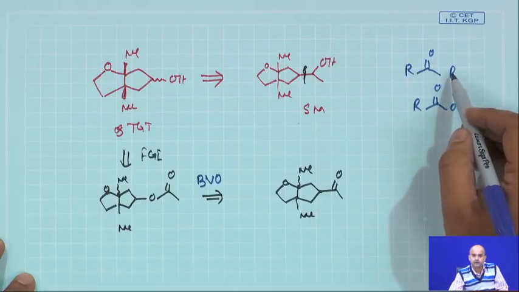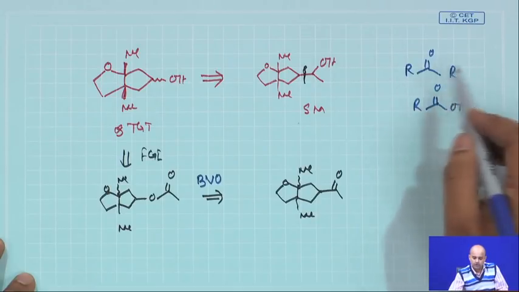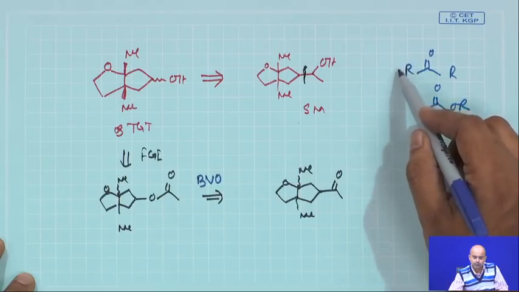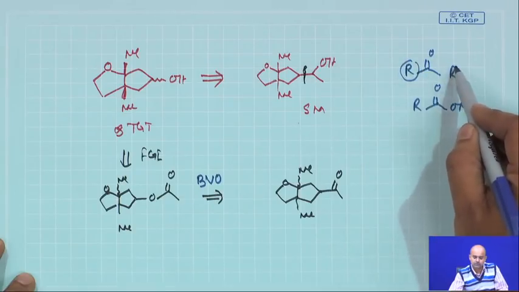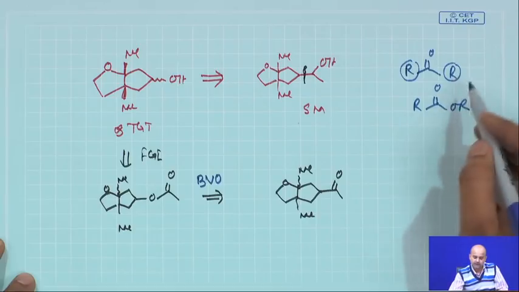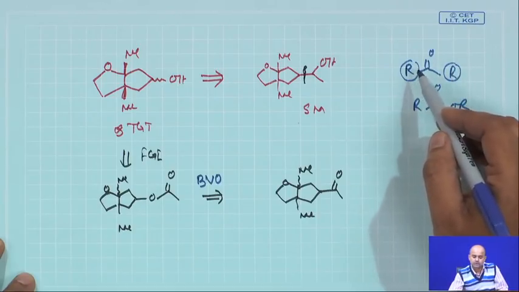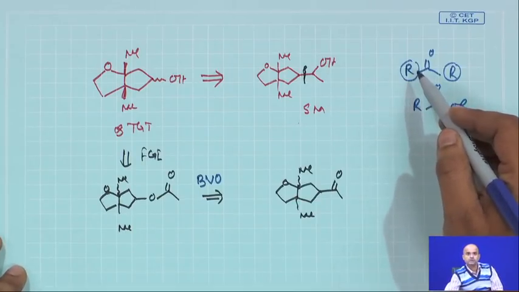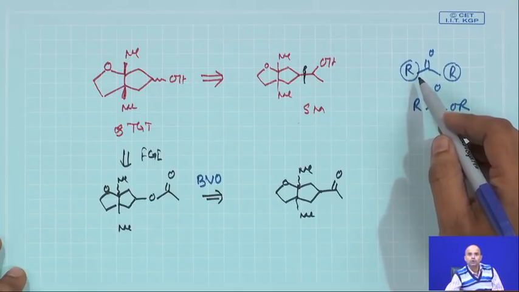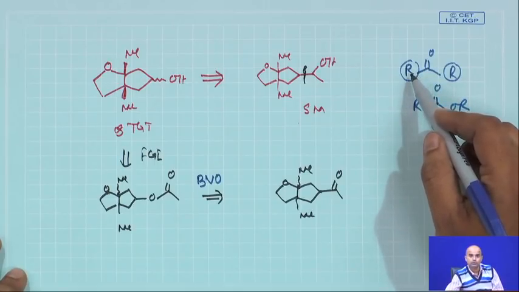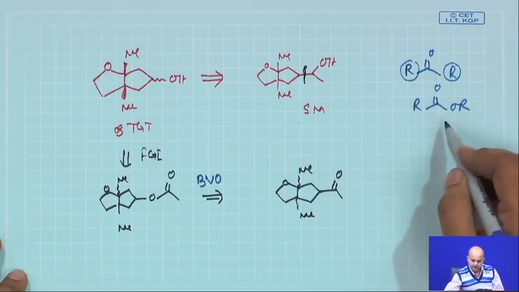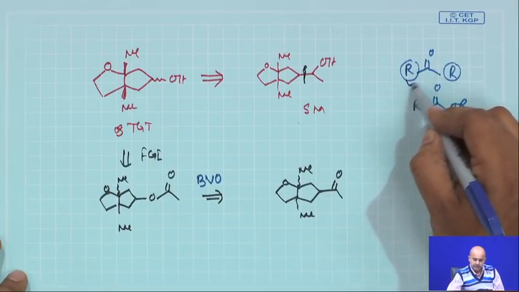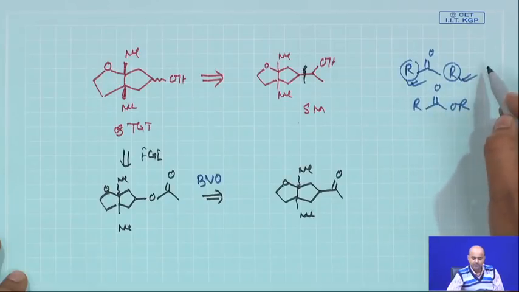Now, if you have an unsymmetrical ketone, depending on which alkyl group has the most tendency to migrate, the migrating tendency depends on its structure. A tertiary or more substituted alkyl group will migrate towards the electron deficient oxygen. So, you should be familiar with this migrating tendency.